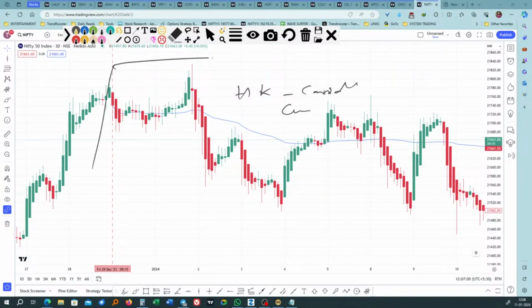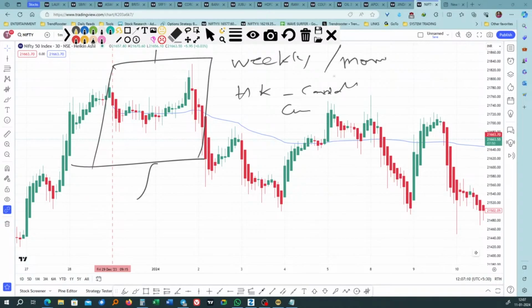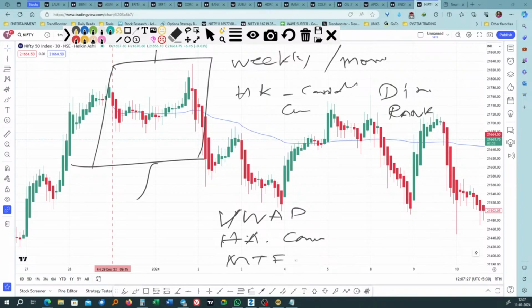They place a bigger one, maybe a weekly Heikin Ashi candle or a monthly Heikin Ashi candle, to find the direction, and they rank it. So using VWAP and multi-time frame Heikin Ashi candles to rank it.